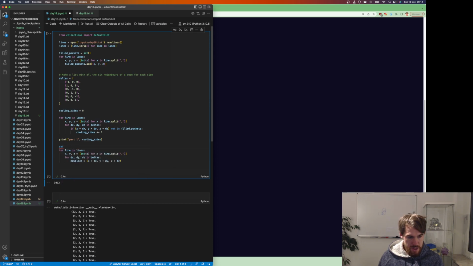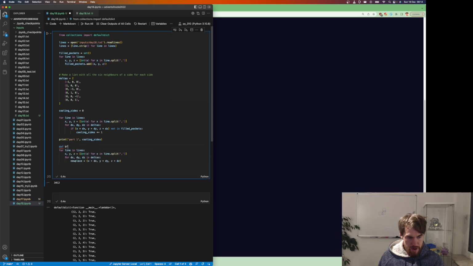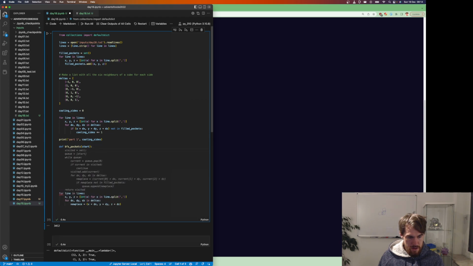So what I can do is create breadth first search pockets with my start. And what I probably want to do is have a tuple of depth and position.